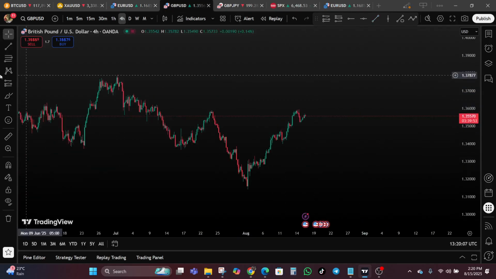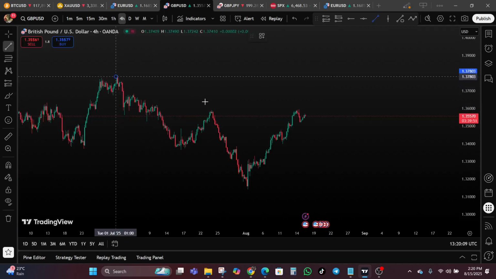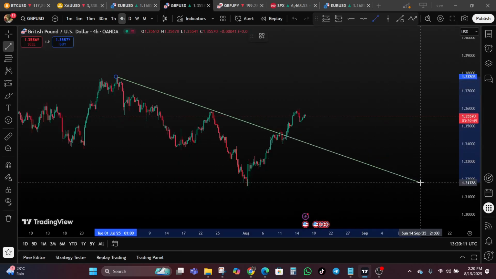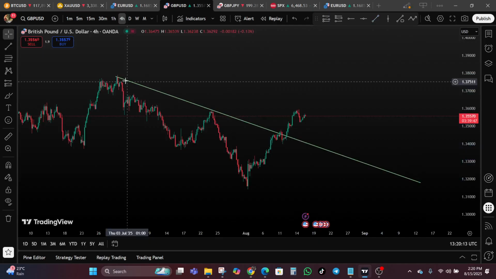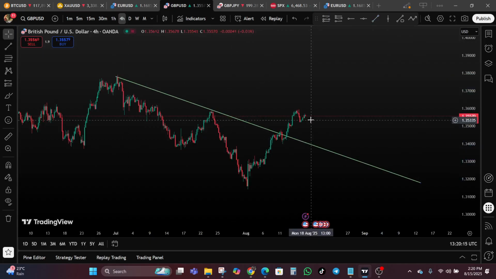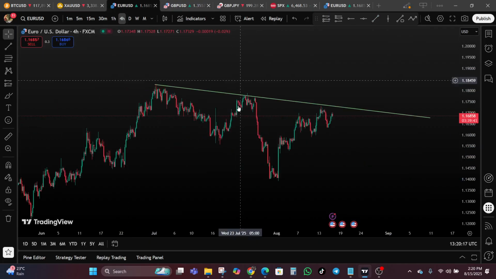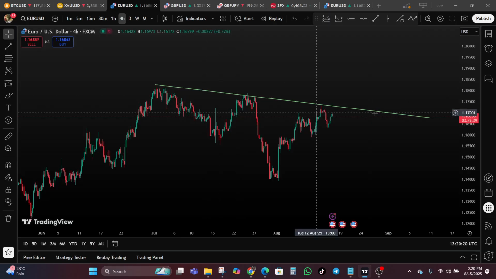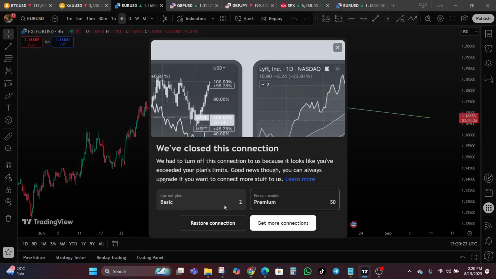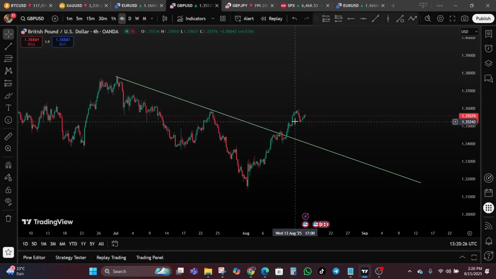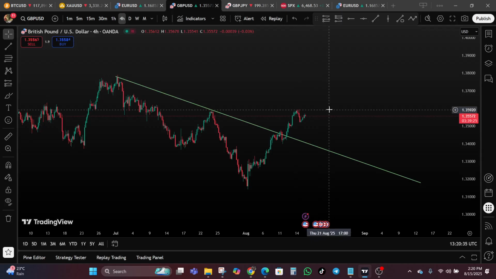On the GBP/USD, there was a break of this bearish structure. On the EUR/USD, you see this bearish trend line is still being respected, but on GBP/USD, the bearish trend line has been broken. This may not necessarily be the perfect example, but I'm just trying to make a point.